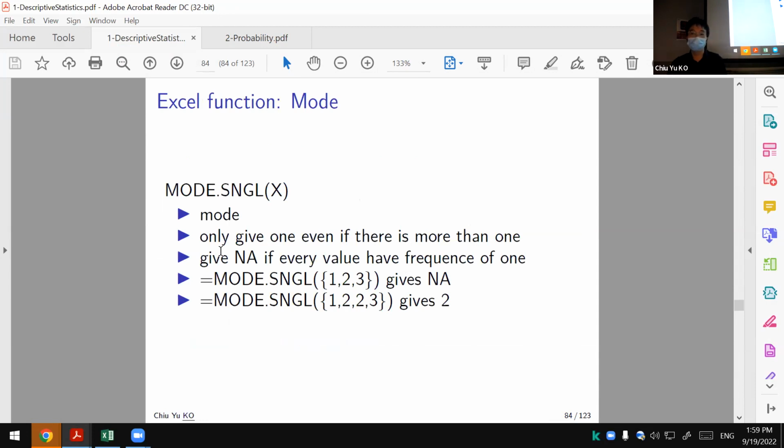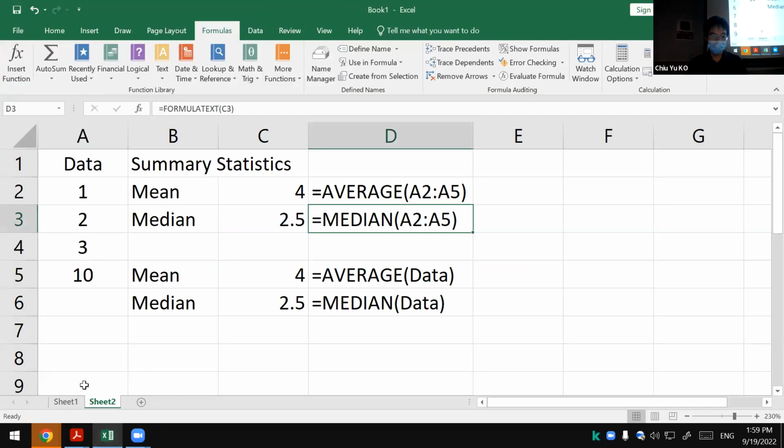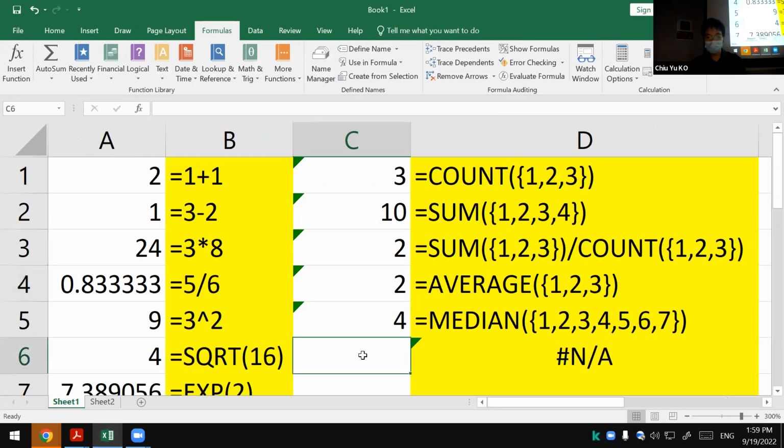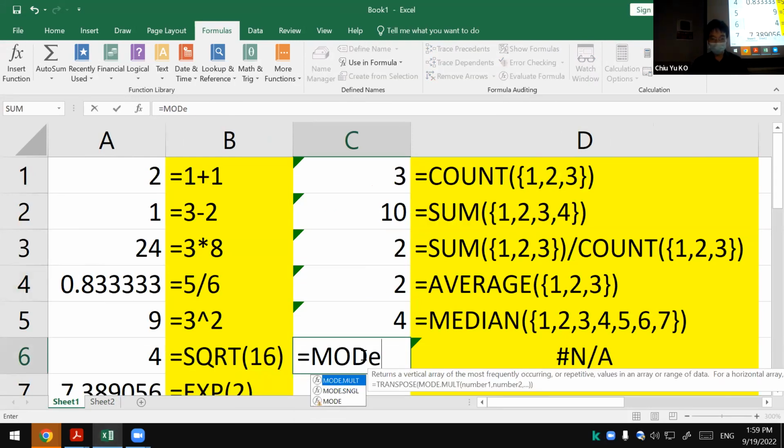Mode single looks for the mode. Let's go back to here, where it's easier to show you. You can see we have mode single and mode multi. For our purposes, we just use mode single.